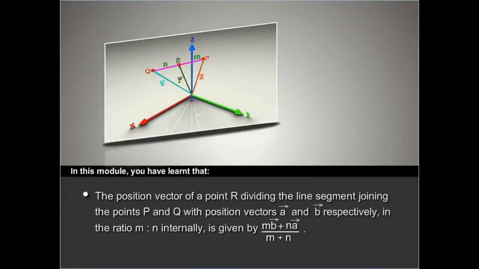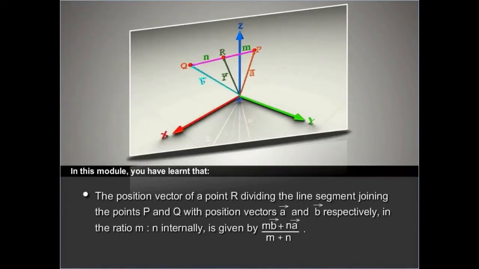In this module, you have learnt that the position vector of a point R that divides the line segment joining the points P and Q with position vectors A and B respectively internally in the ratio m:n is given by m into vector B plus n into vector A upon m plus n.